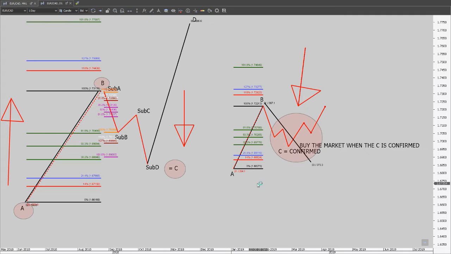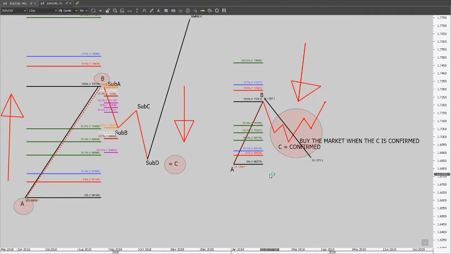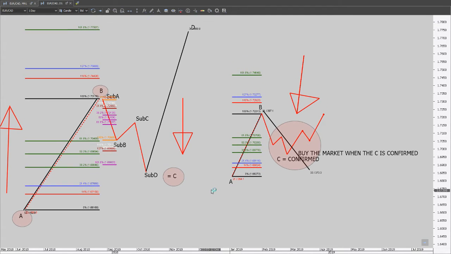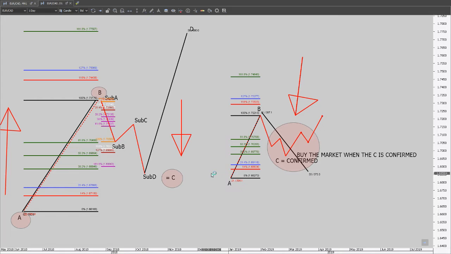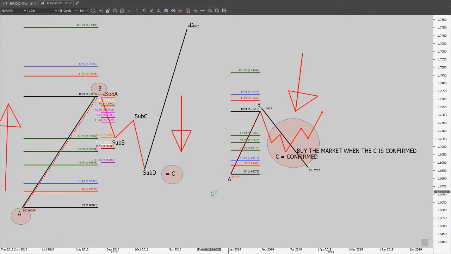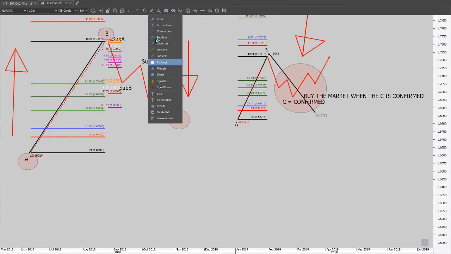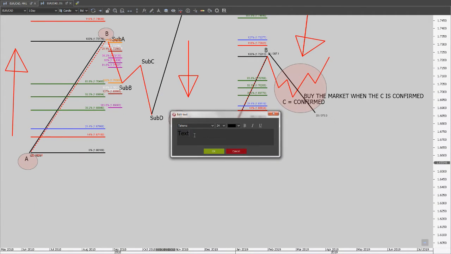Okay? So what is the confirmation Fibonacci? The confirmation Fibonacci is the Fibonacci that confirms the change in direction from the retracement to the extension. So let's write this down. You need to remember this.